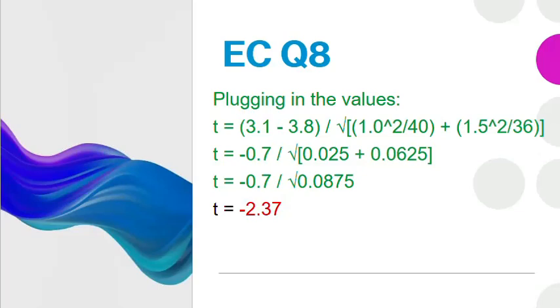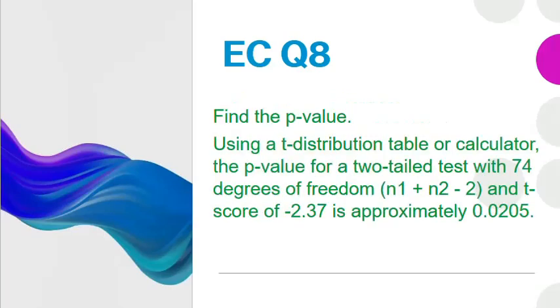So in our next step, we take negative 0.7 and divide that by the square root of 0.0875, and the final value we should get is negative 2.37.